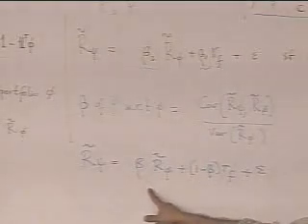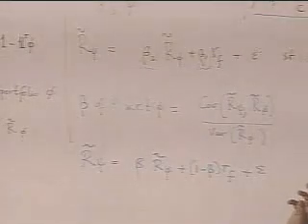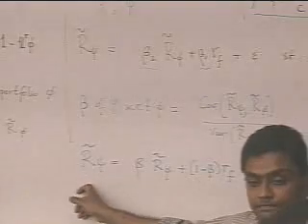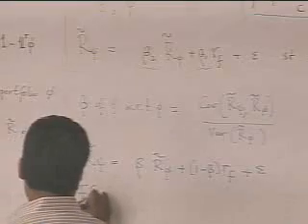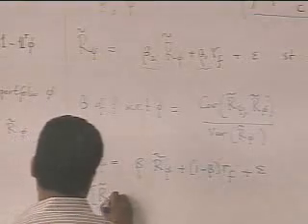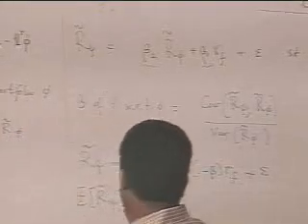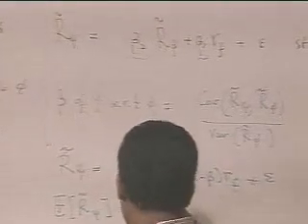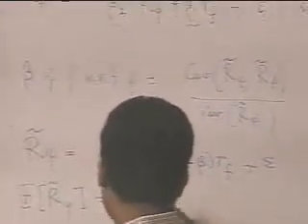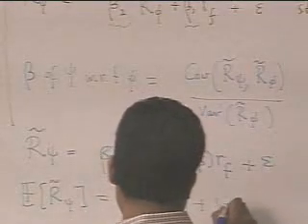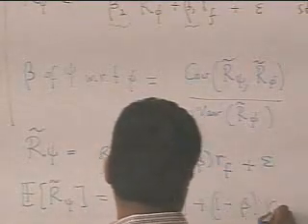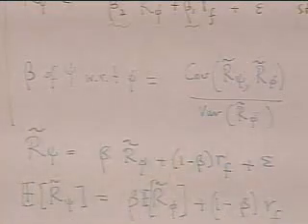You tell me what the beta is, it describes completely what happens to this return. You take an expected value of this, you get even stronger because then this epsilon goes away. The expected value is exactly equal to the expected value of r tilde phi, plus 1 minus beta times rf. And now the epsilon is gone too.